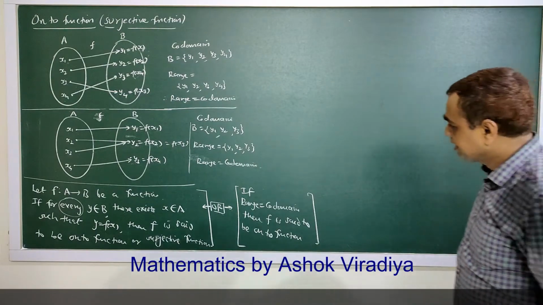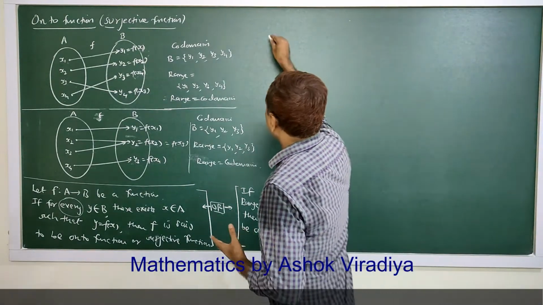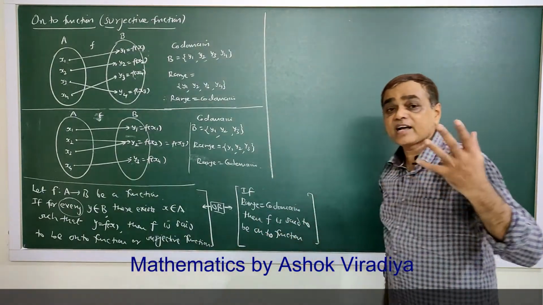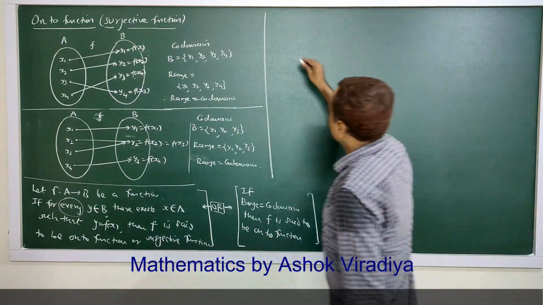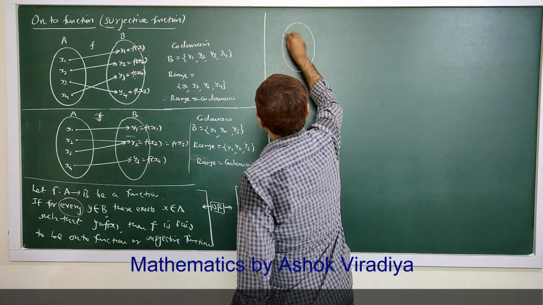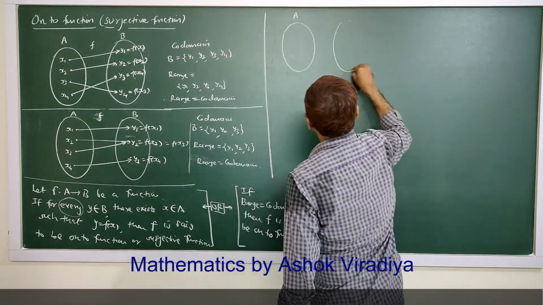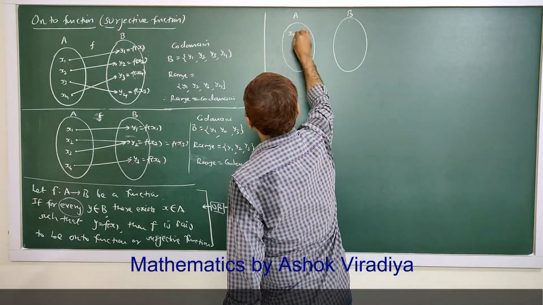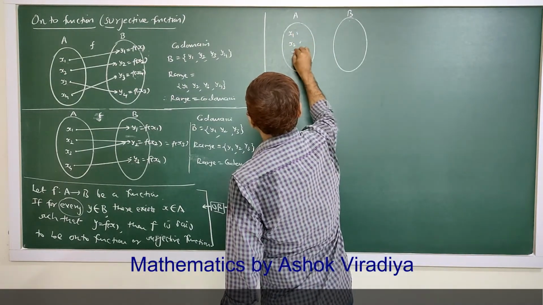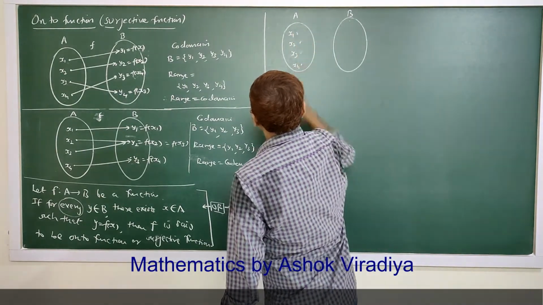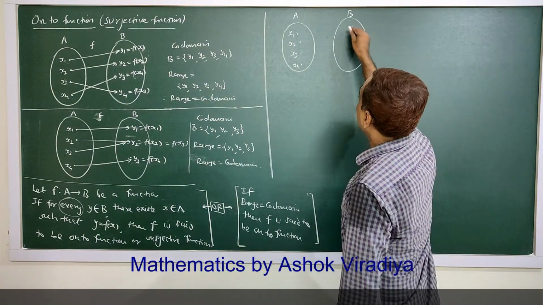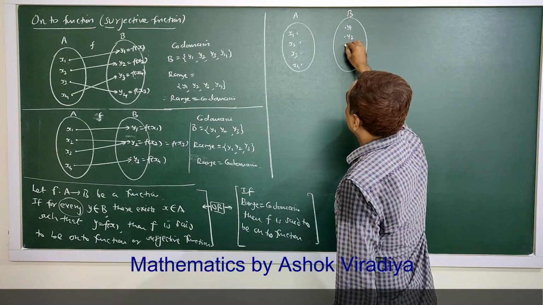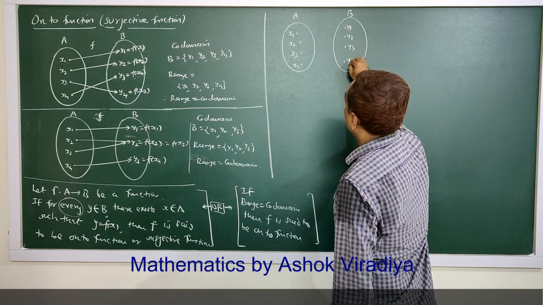Now let me explain, by diagram, what happens when a function is not 1-1. Suppose this is the domain and this is the codomain. Domain contains x1, x2, x3, x4. Codomain contains y1, y2, y3, y4.